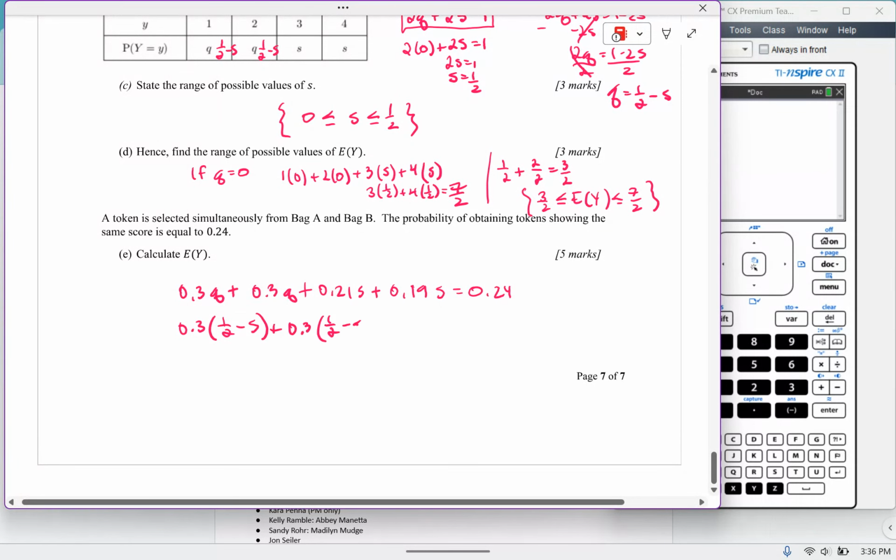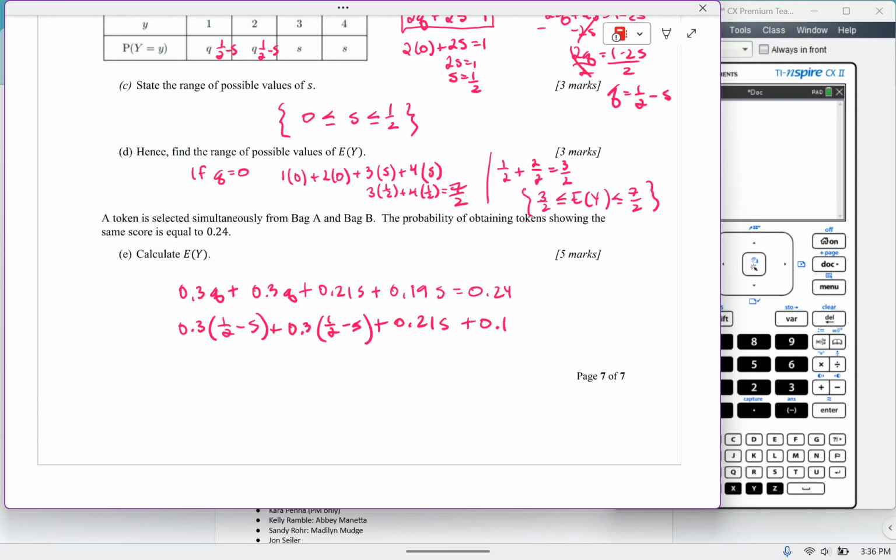Go ahead, type it into nSolve while I'm finishing this. So this is all a means to an end. I'm figuring out what S is so I can ultimately, choice C, calculate the expected value of Y.